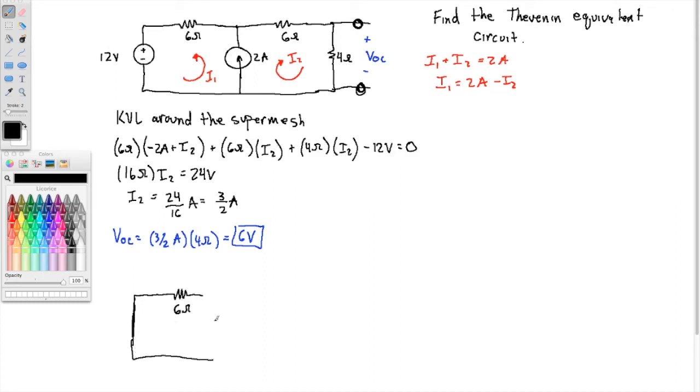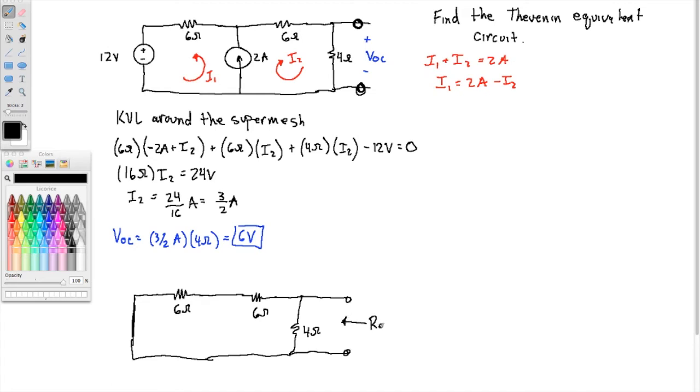We've got 6 ohms there. The 2 amp source is an open circuit when you turn it off. 0 current. 6 ohms. 4 ohms. And this was our output here.